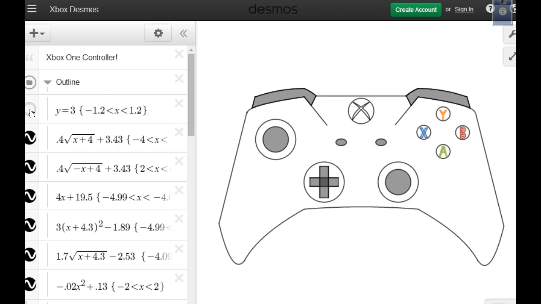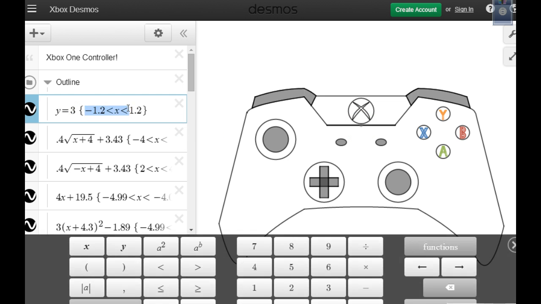If I just toggle this on and off, you can see this one equation, y equals 3, is this line right here. And there's a domain right after it, meaning I don't want to draw a line all the way across the whole graph. I just wanted a straight line from here to here, and that's it.